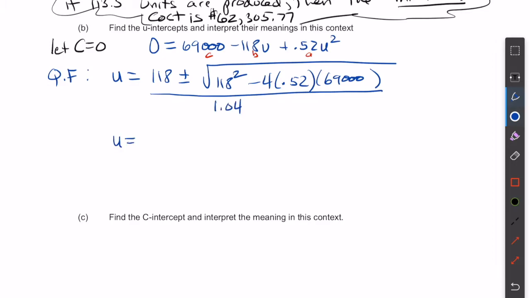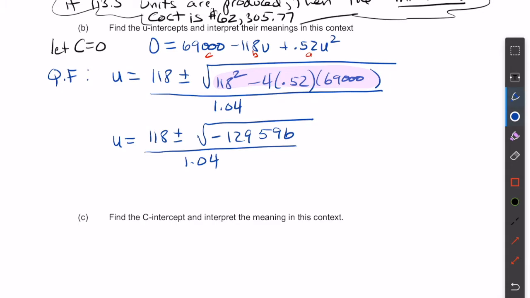And just as we've done before, we're going to simplify the inside part before anything else. So I'm calculating 118 squared minus 4 times 0.52 times 69,000 gives me a negative 129,596 on the inside.